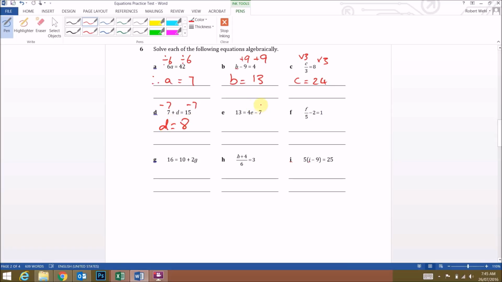With this one here, the first thing I need to do is add 7 to both sides. So I get 20 equals 4E, and then I need to divide by 4 on both sides. 5 equals E. With this one, I need to add 2 to both sides.